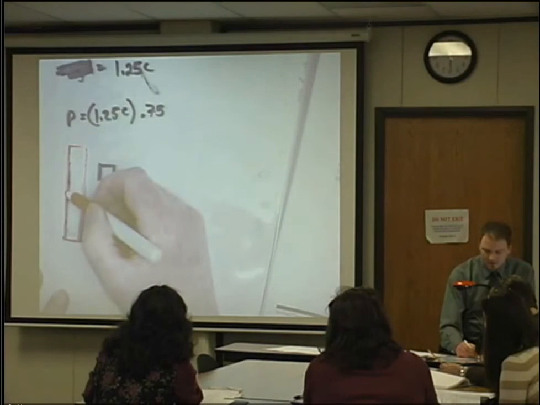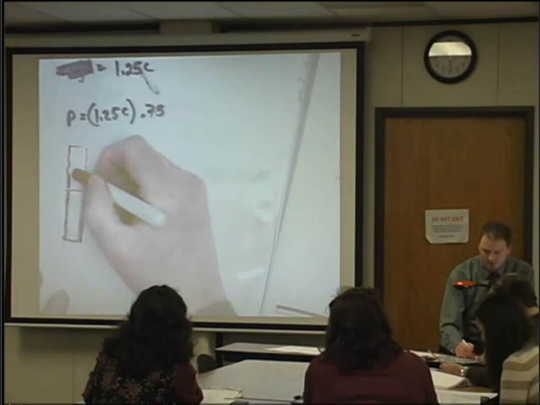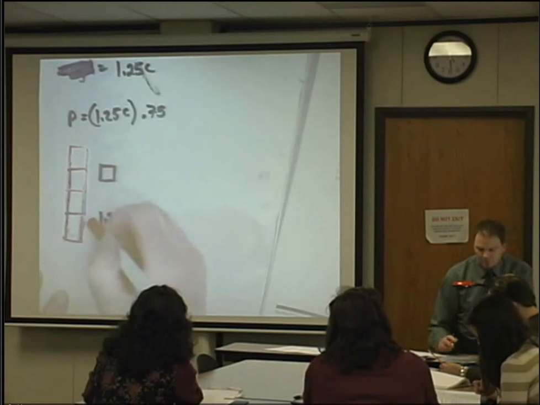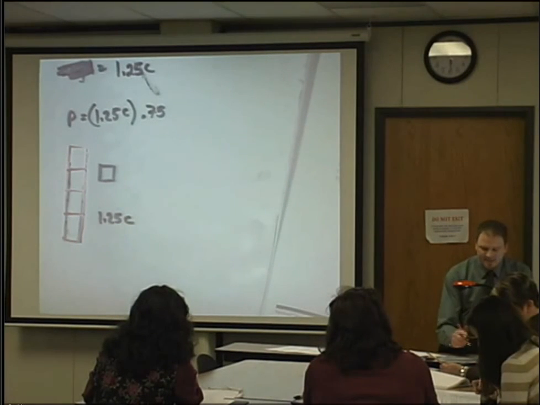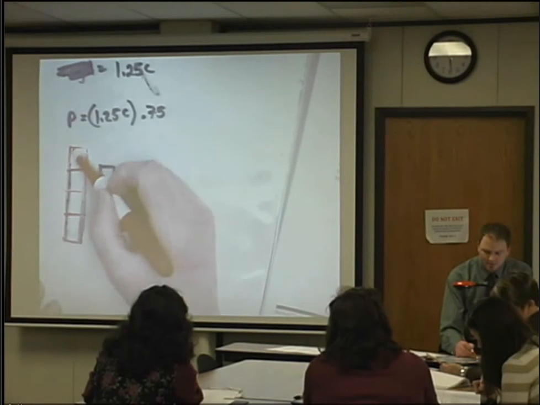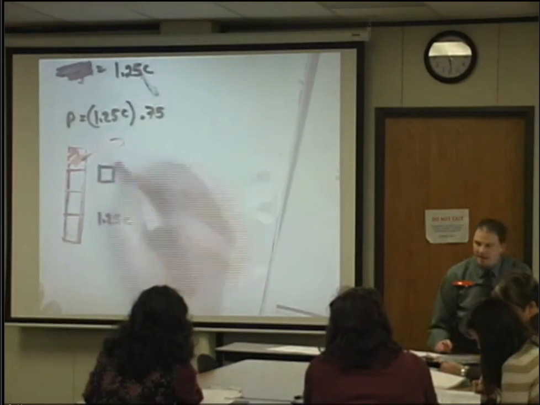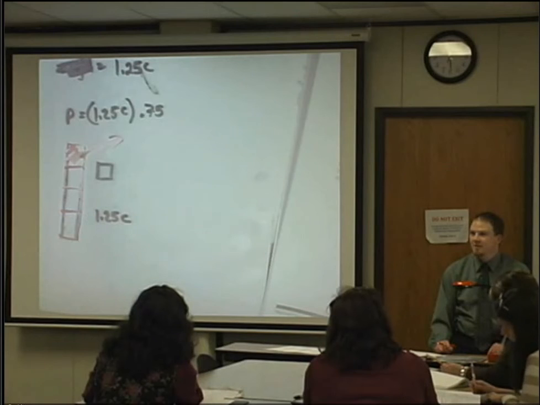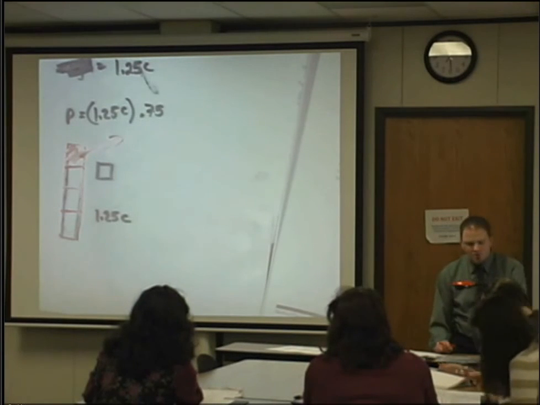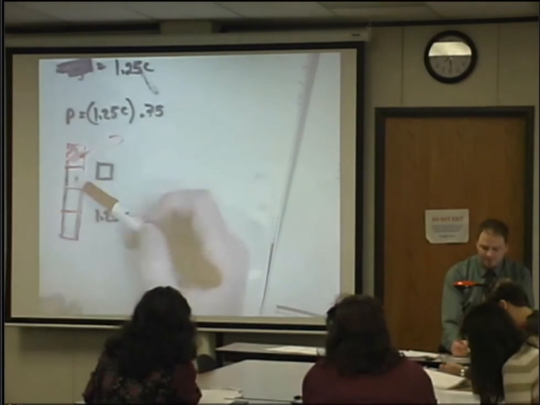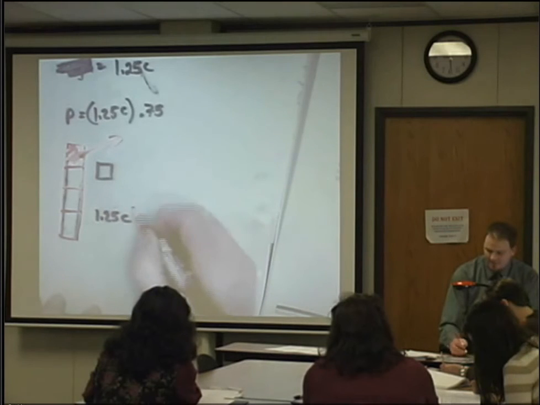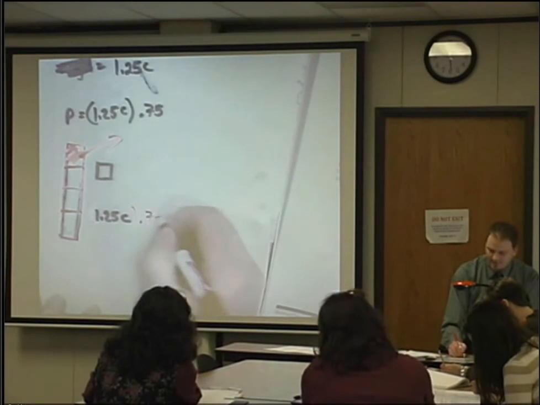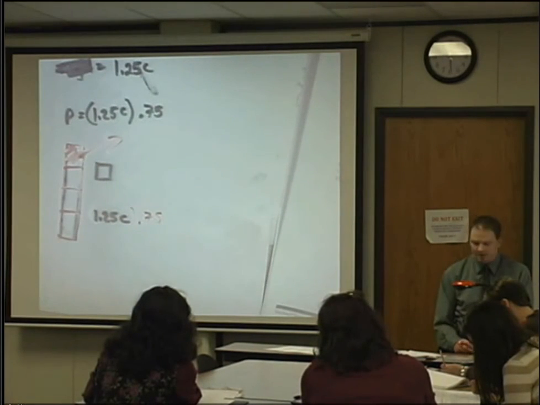So again, I'm going to cut it into 4 equal pieces, and I'm taking one of them out of there. So I'm taking 25% out. So what am I left with? I'm left with 75% of 1.25C, which would be 0.75 times 1.25C.